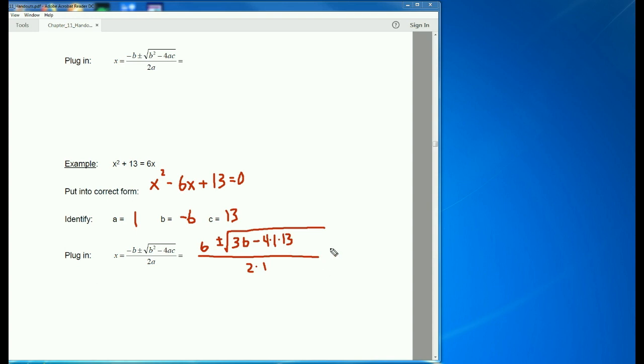All right, so 6 plus or minus the square root of, what is 4 times 13? 52. So let's just go ahead and write that: 36 minus 52, all over 2.